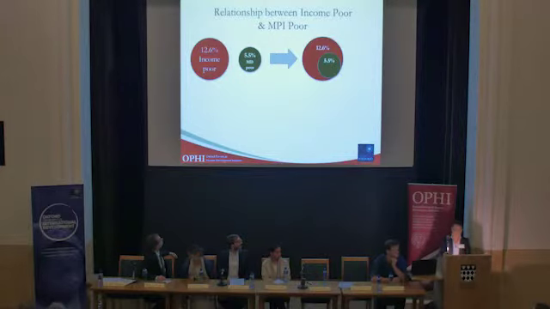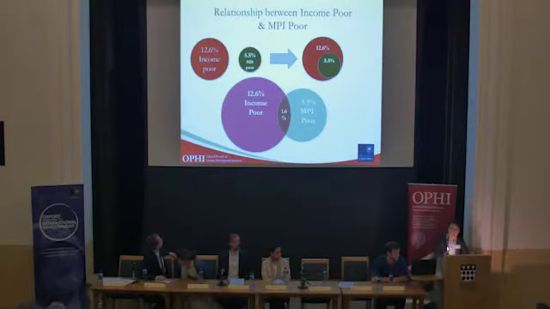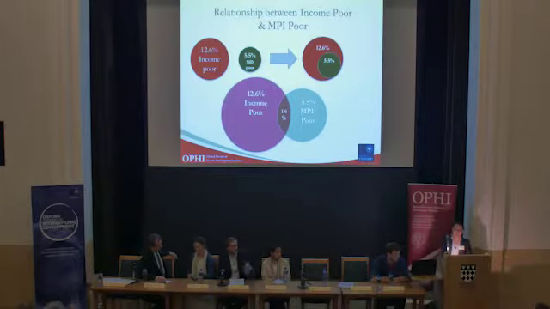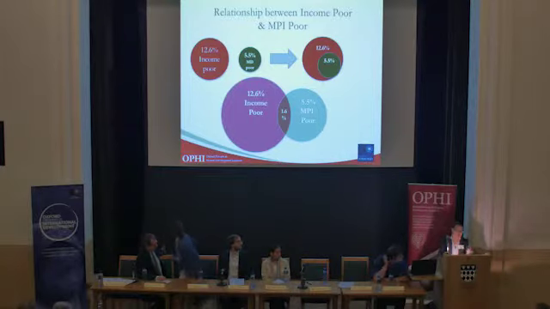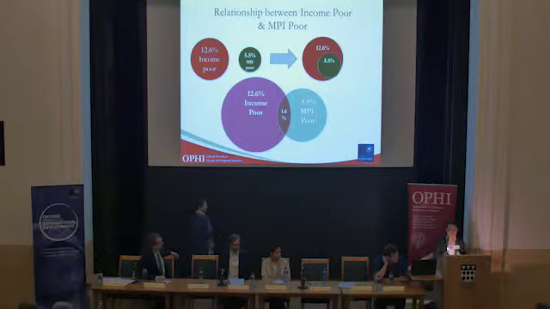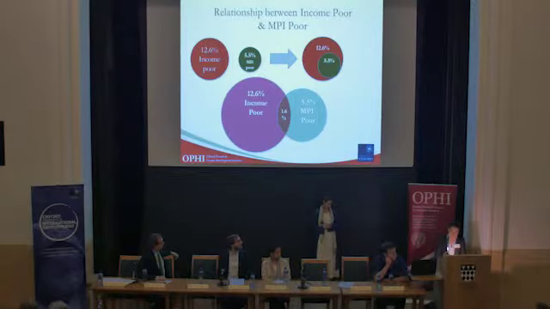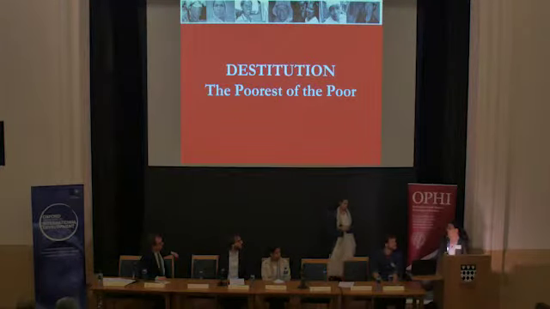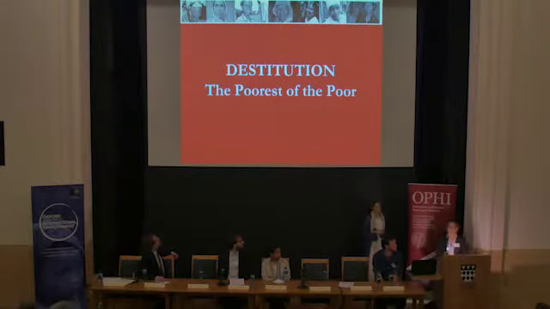However, that is not the case. When we look at the overlap, we find only 1.6%, which means that less than 2% of people are poor in both income and MPI. This is quite unexpected, but it still shows that MPI is a good complementary measure for income poverty. Thank you. And now Sabina will give some introductions to destitution.